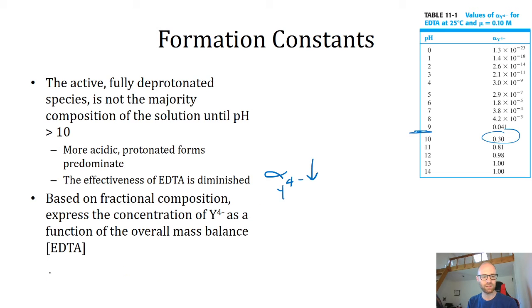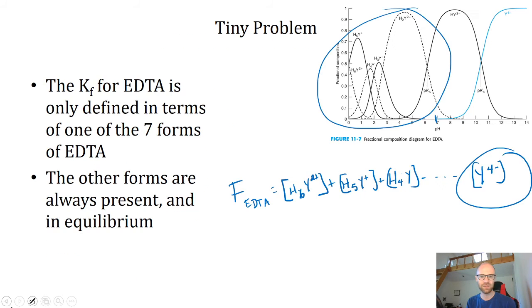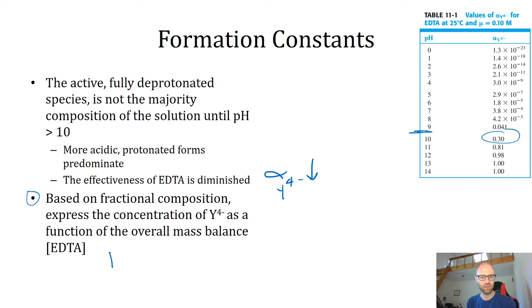So this is what I want to do now. I would love to respell this. Going back to what we said, we had this mass balance where the total EDTA concentration, we're going to use this EDTA notation to equal the formal concentration of EDTA.